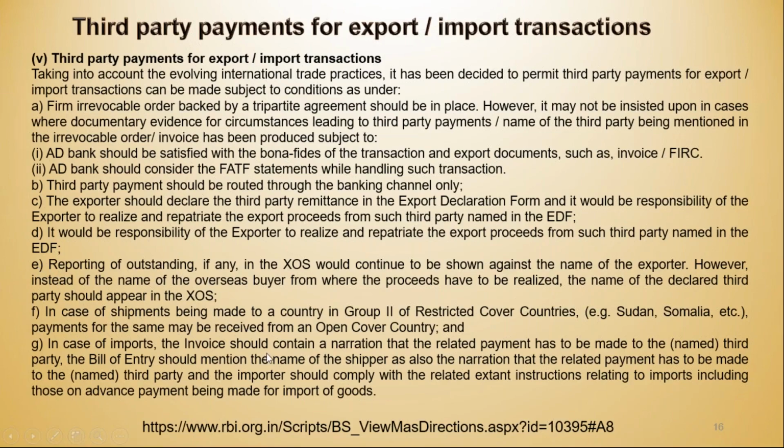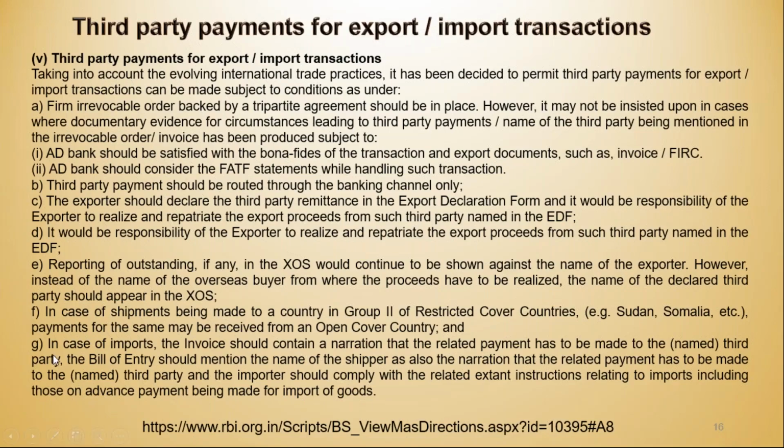So third party payments are also allowed. Similarly for import, suppose you have imported but you are not paying, and a third party has agreed to pay, that is also allowed.